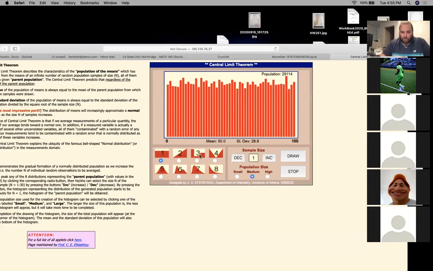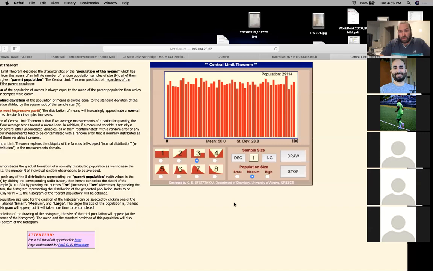What if I did this weird looking one, number 3, which was very likely to be on the left side, somewhat likely to be on the right, and not very likely to be in the middle? When I graph that, what do you think the columns are going to look like? How many of them are going to be here? How many here? How high is each column going to be? Wouldn't the majority be on the left?